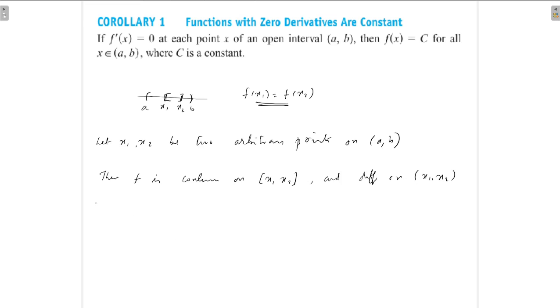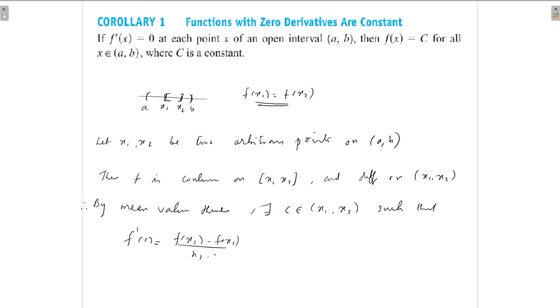Therefore, by the mean value theorem, we can write there exists c belonging to the open interval (x1, x2) such that f dash c equal to (f of x2 minus f of x1) divided by (x2 minus x1).